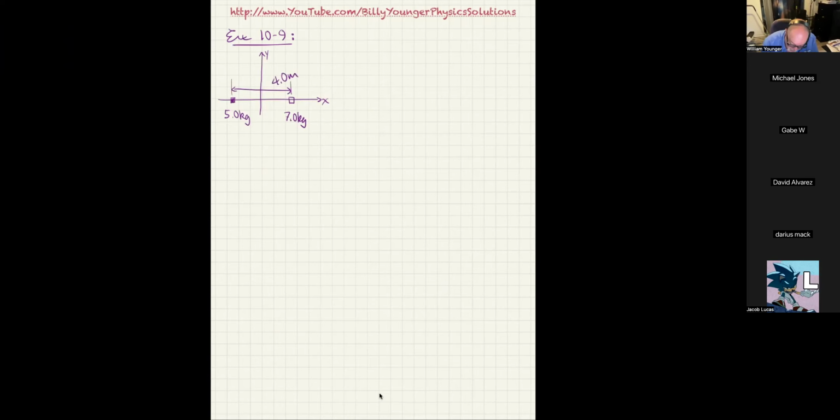In part A, the axis is dead center between the two, so this is 2.0 meters. In part B, they want the axis to be 0.50 meters to the other side.